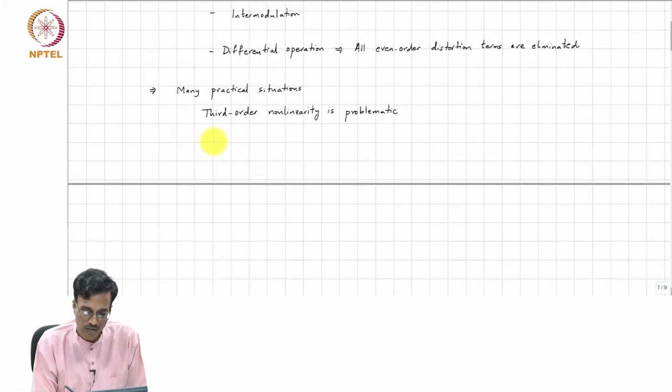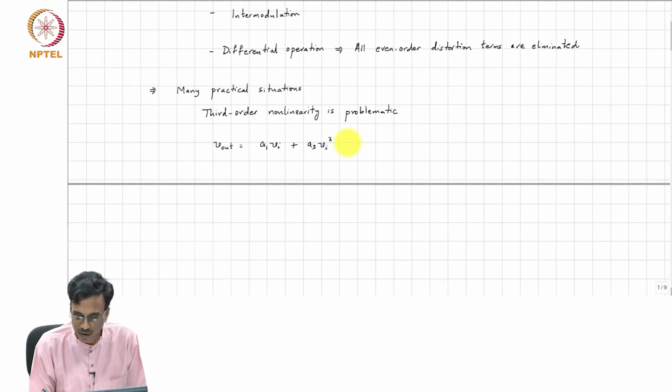In other words, V out is A 1 V I plus A 3 V I cube plus higher order terms.